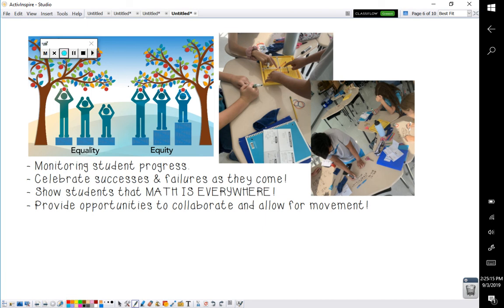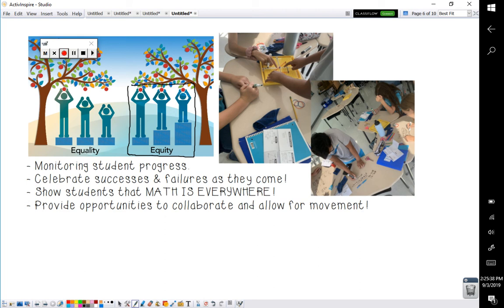So here, all students are able to reach the apple based off of the height they were given with the boxes. I think this is indicating to us the supports we can provide for our students, the scaffolding we can provide, how we monitor our students, and how we really celebrate their successes and failures as they go through mathematics.